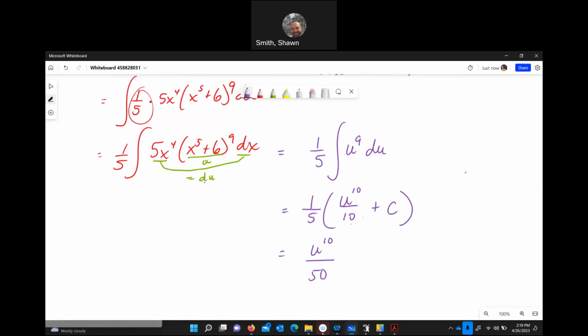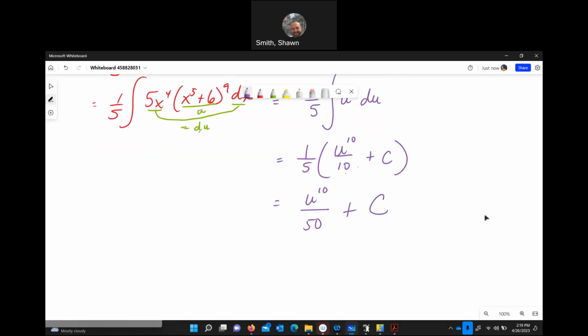And 1/5 plus some constant c is still some constant c. You don't have to say 1/5 of c. It's just a constant. And then replace what u was. U was x to the 5th plus 6, all to the 10th now, over 50 plus c.